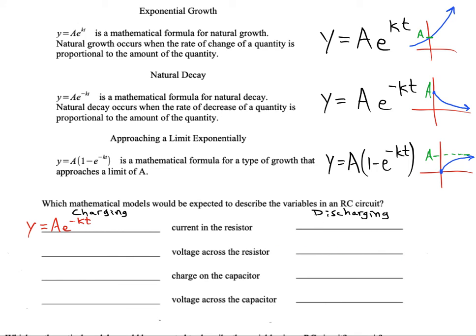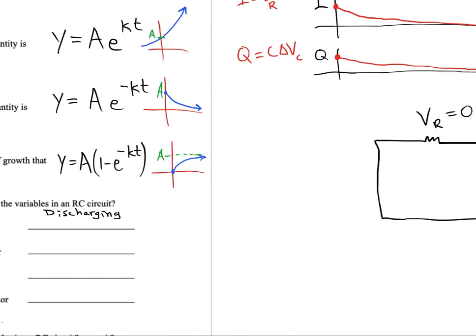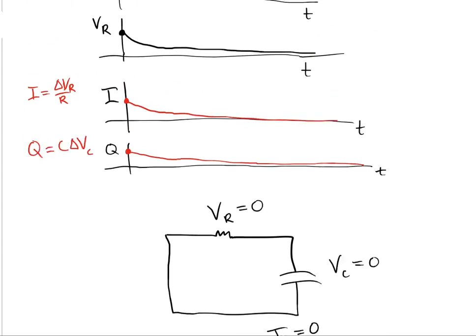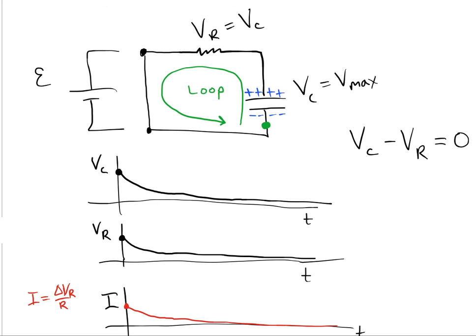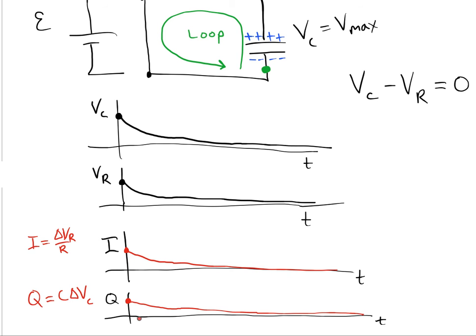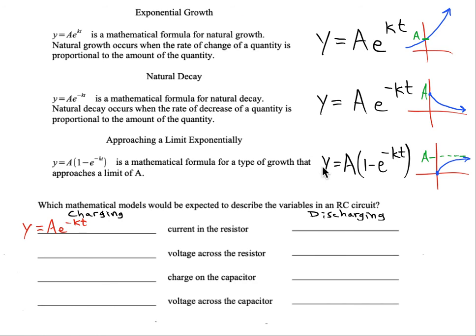What about when we're discharging it? Well, we showed over here, when we're discharging an RC circuit, the current would start high and then go down to a low level. So once again, we'll have y equals A e to the negative kt.